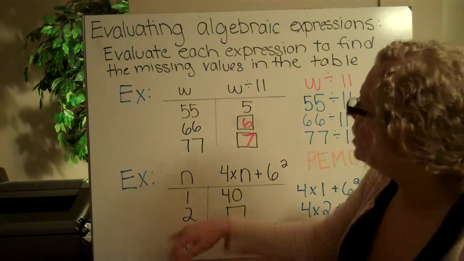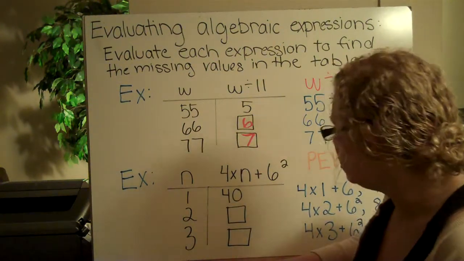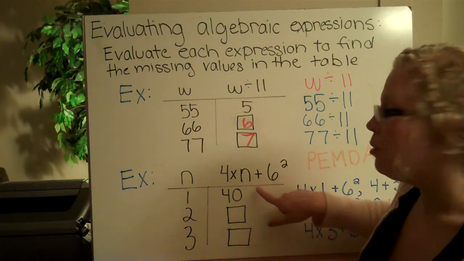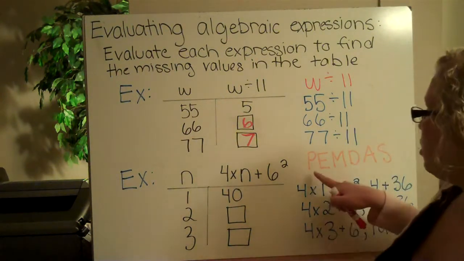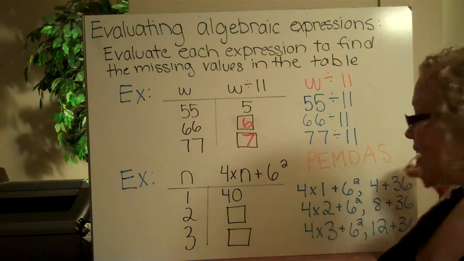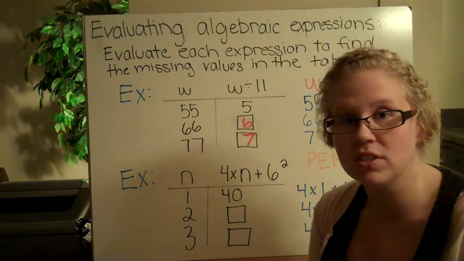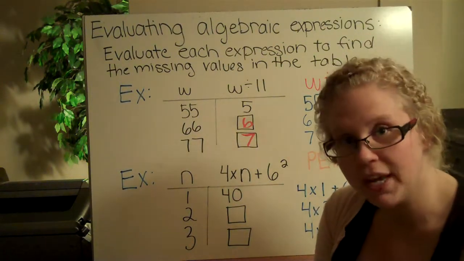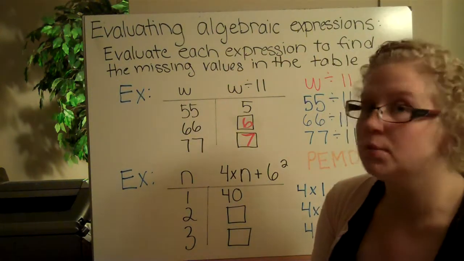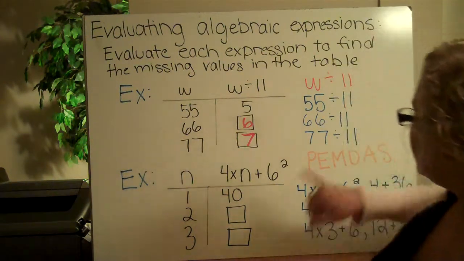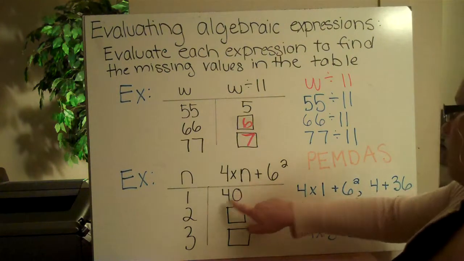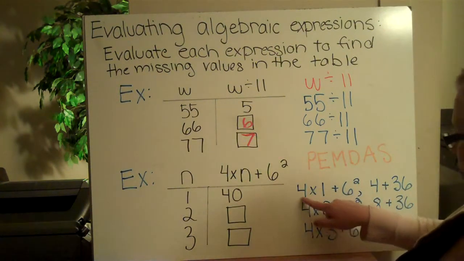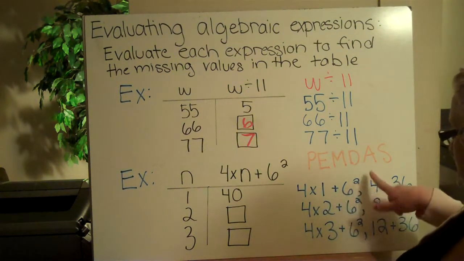In this example, we have a different algebraic expression, 4 times n plus 6 squared. We have to remember our rules for PEMDAS. Remember, it's parentheses, exponents, multiplication, division, addition, and subtraction. So first, we do parentheses, which when we plug in our 1 for n, we have 4 times 1 plus 6 squared.